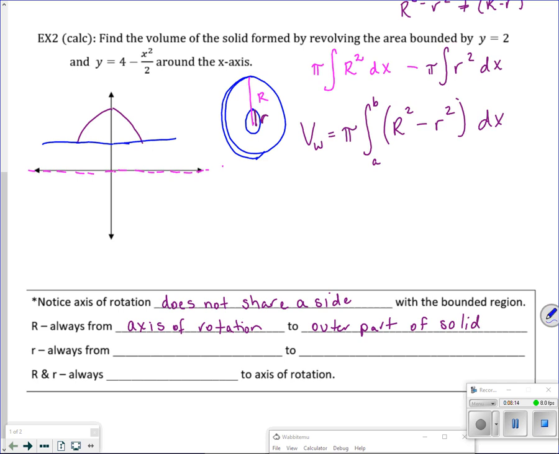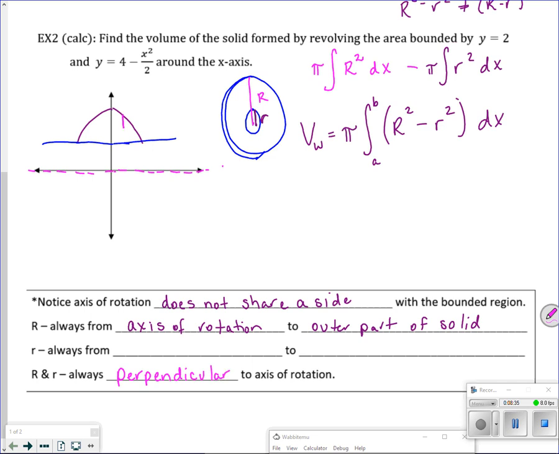Little r, so if I were drawing this picture, I would go, okay, big R is from the axis of rotation to the outer part of the solid. And this is still the same thing. Big R and little r are always perpendicular to the axis of rotation.